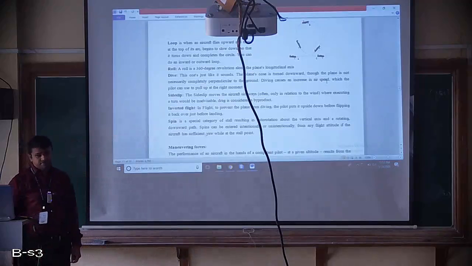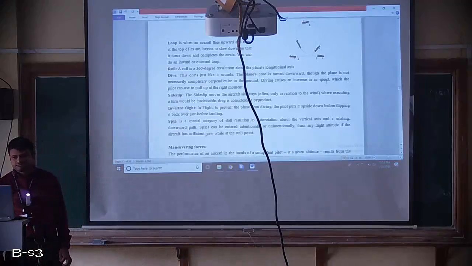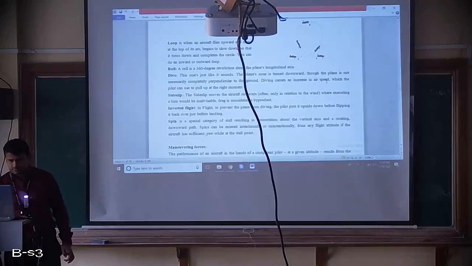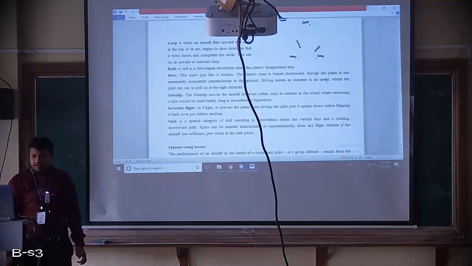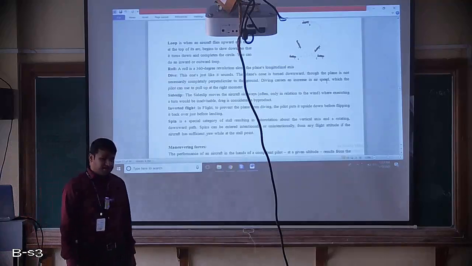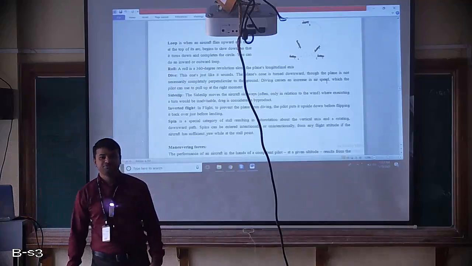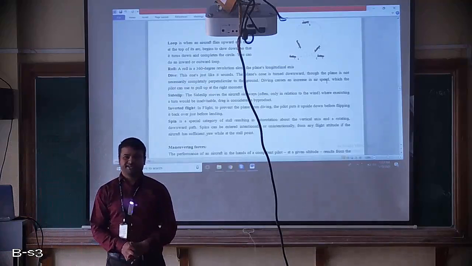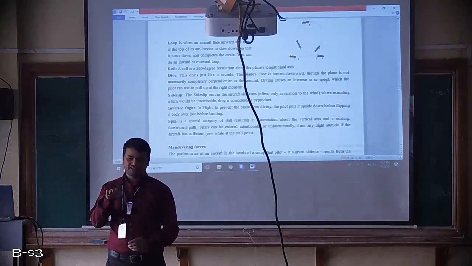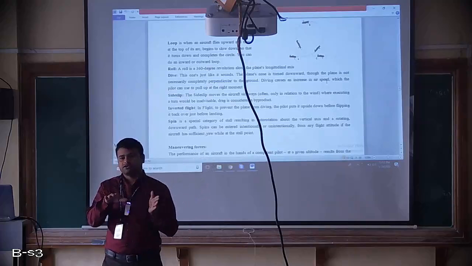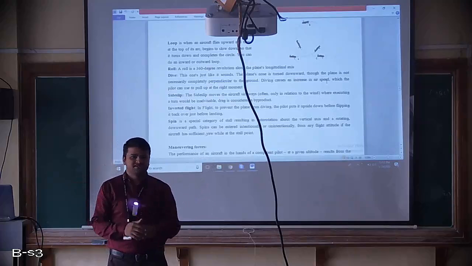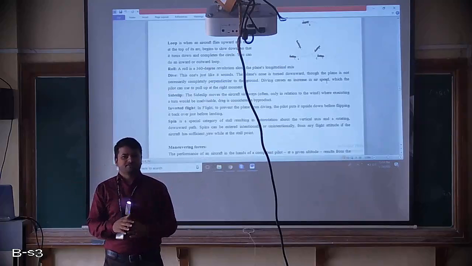Side slip. Side slip means another different kind of maneuver. Basically, this is because of the incoming air. Your aircraft is moving in this direction, a sudden gust of air will come and it will deviate the aircraft from its direction. That is called side slipping.